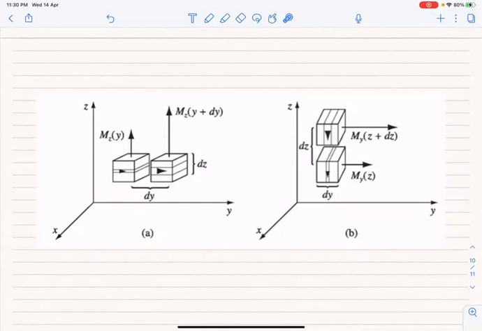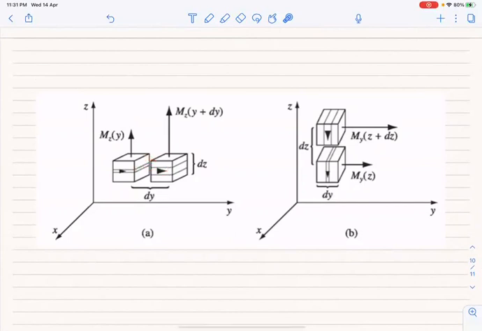Now if Mz(y+dy) is smaller, as drawn in this figure where the arrow is greater here, then this magnetization is greater, and that means the current flowing here is greater than the current flowing here.